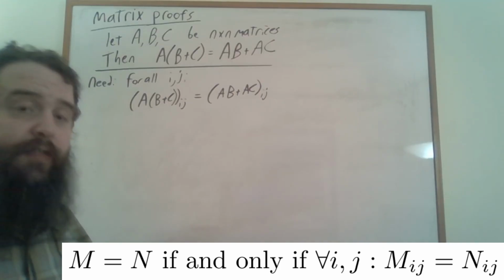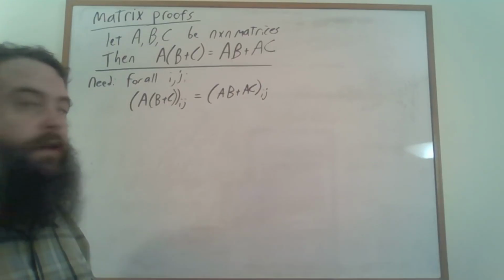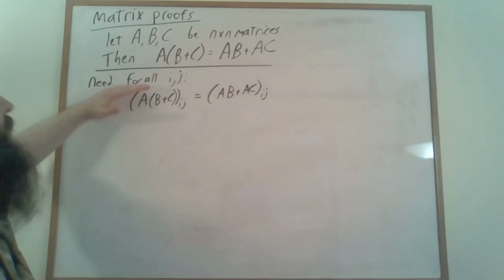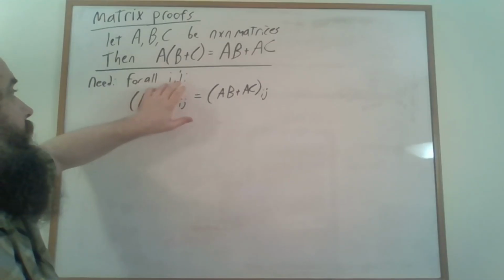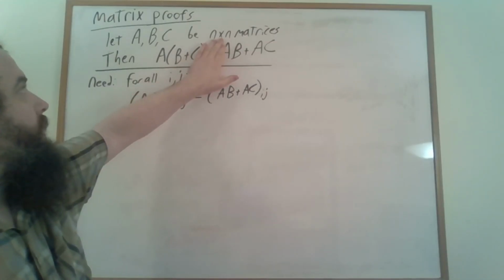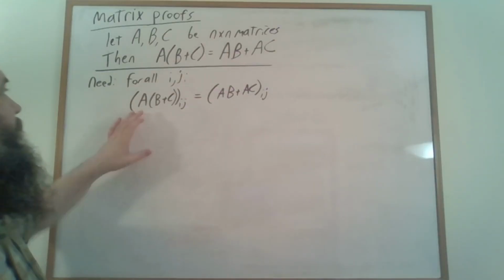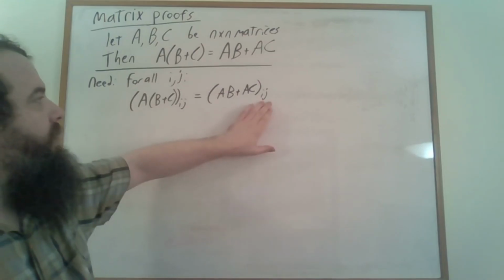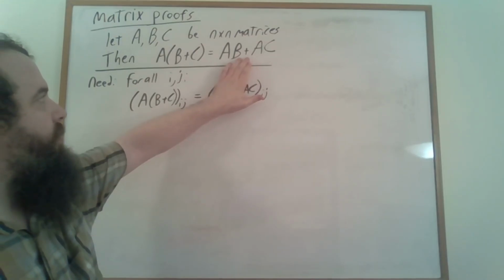That's the definition of matrix equality. So in order to show that two matrices are equal to each other, we just need to show that for every appropriate pair of indices, i j, i and j going from 1 to n in this case, the ijth element of this matrix is equal to the ijth element of this matrix here.